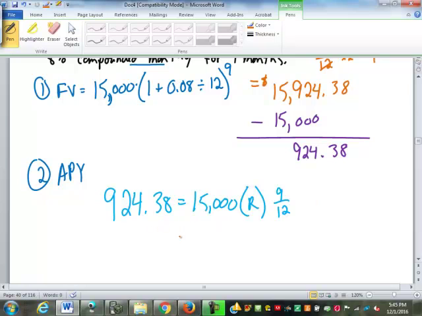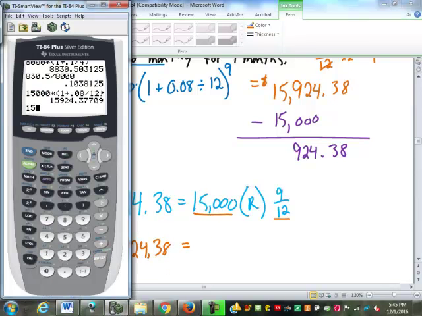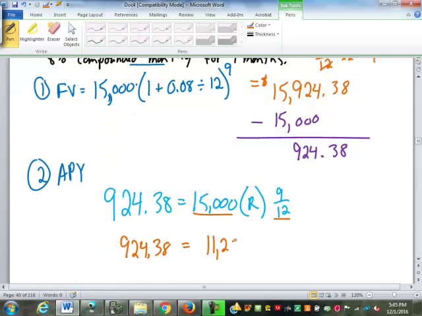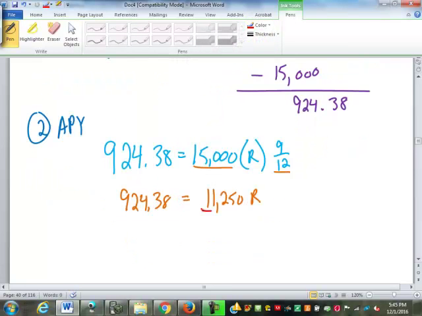So anyway, we have to combine the 15 and the 9/12. So 15,000 times 9/12 is 11,250 times R, and we have to divide by 11,250.